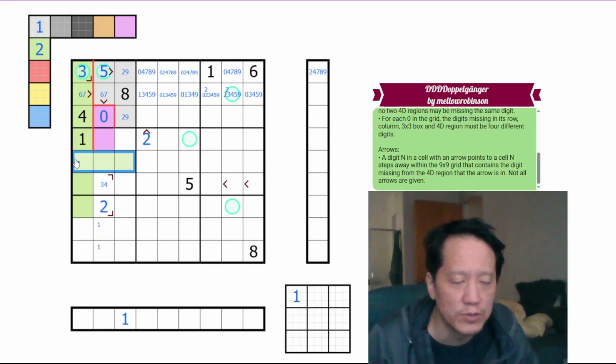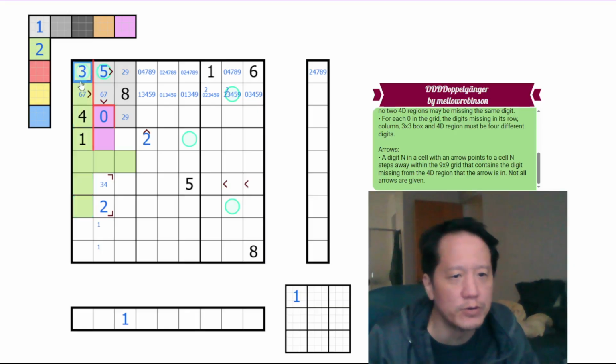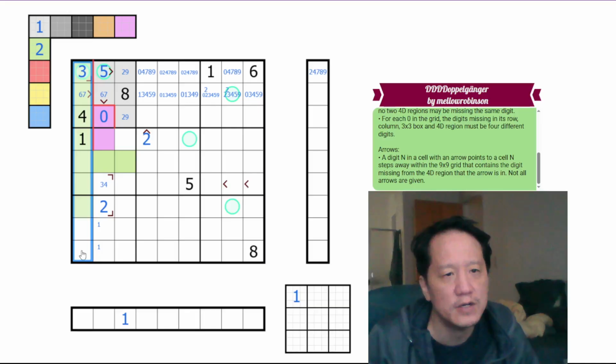So the 0 in the region could not be in the green region because the green region would be missing a 2, and if it were in box 4, it would also be missing a 2 in box 4. So 0 in the green region would have to be here. But then this 0 would be missing a 2 in column 1. So what happens if we do something like this?